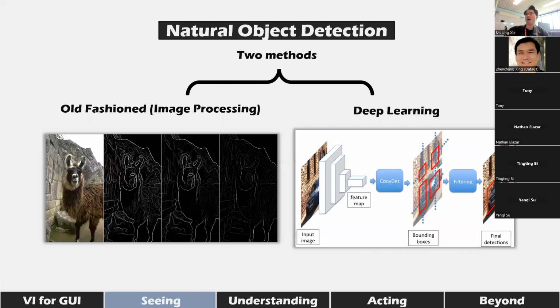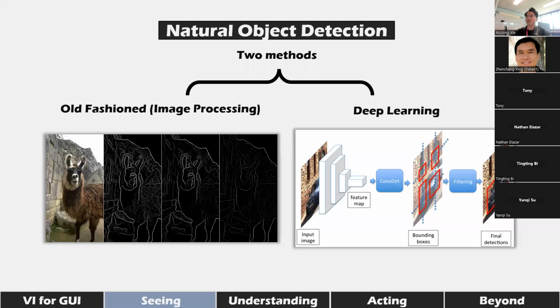So, talking about object detection, generally speaking, there are two methods here. One is old-fashioned, based on image processing. In this method, we just use some white box algorithms to do some pixel level analysis so that we can have some edge detection or gradient analysis, something like that.